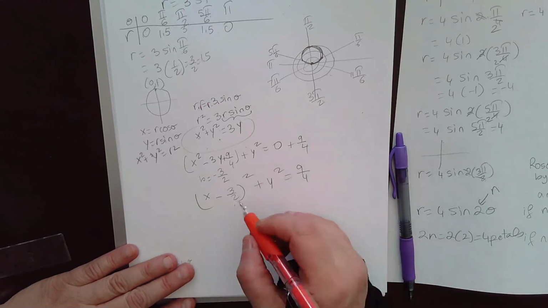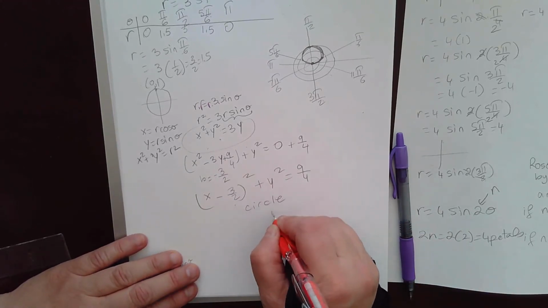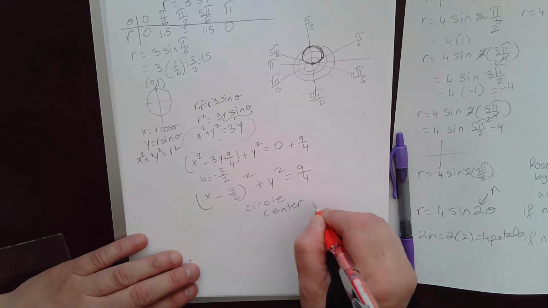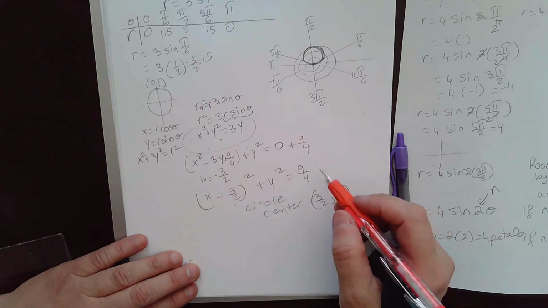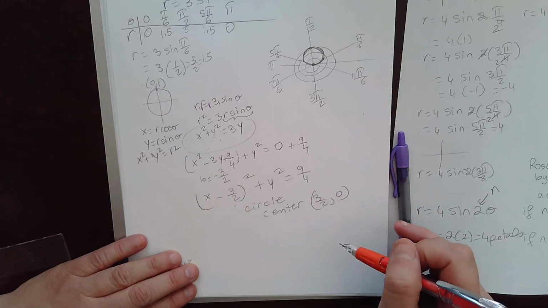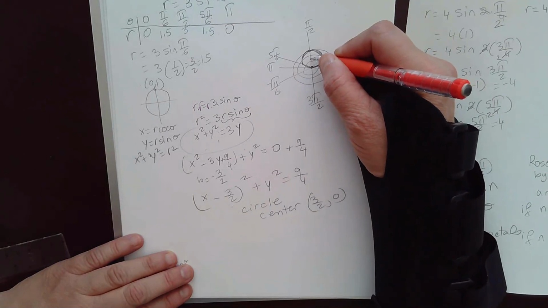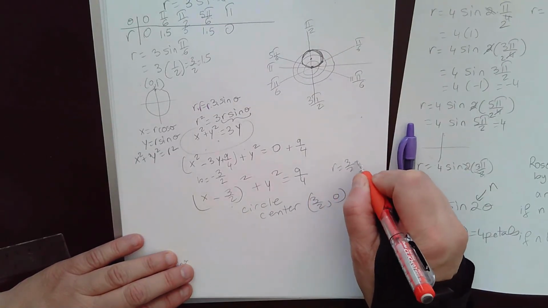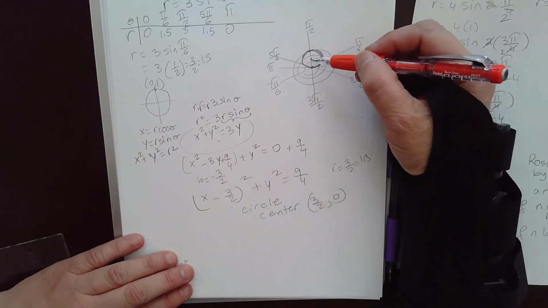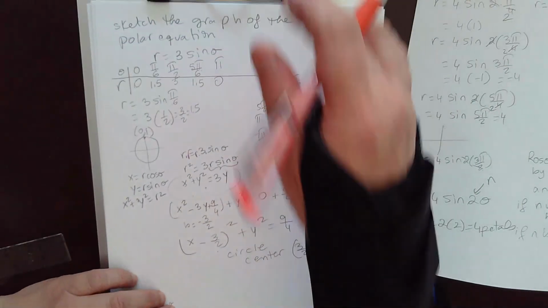This circle is centered at (0, 3/2) with radius 3/2. This is the center, and the radius is 3/2, or 1.5, up and down. So this is a circle with that radius.